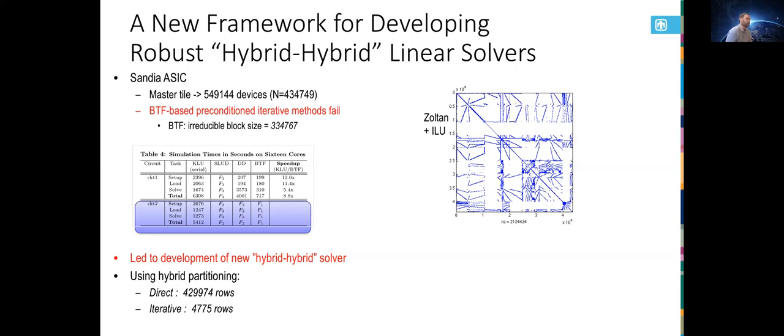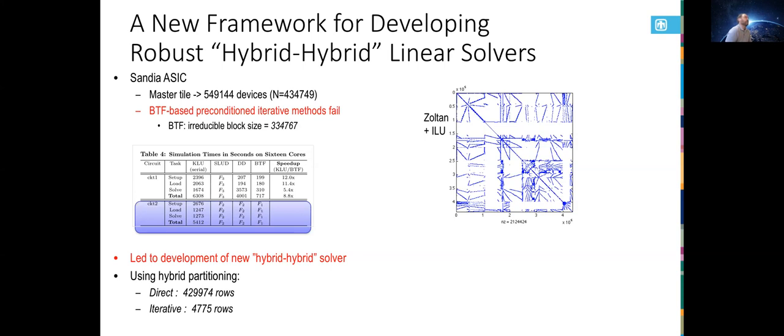If the matrix has a certain asymmetry to it, then BTF really works well. But that's not true for a lot of circuits. Especially, once process nodes got past about 45 nanometer, we stopped seeing the BTF structure so much. The reason for that, I think, was that around 45 nanometer they started using metal gates and more exotic oxides.